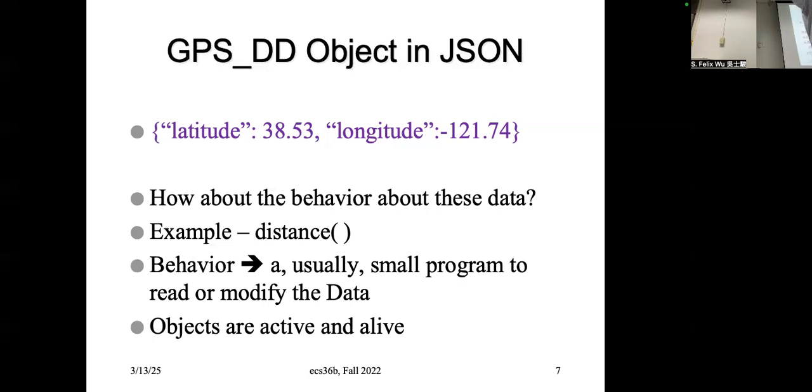You go to the ATM machine. You want to know how much money you have, which is a read, or you want to withdraw some money, which is a modify, or deposit some money, which is also a modify. Essentially, all computational behavior can be described using read and write.